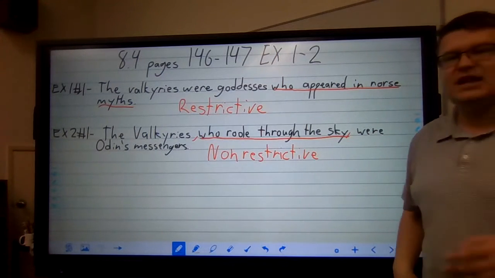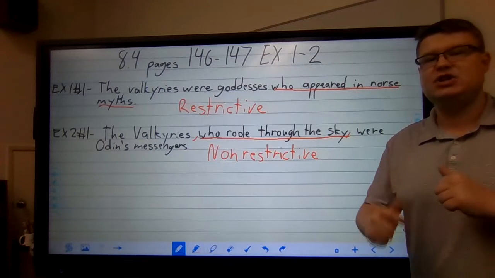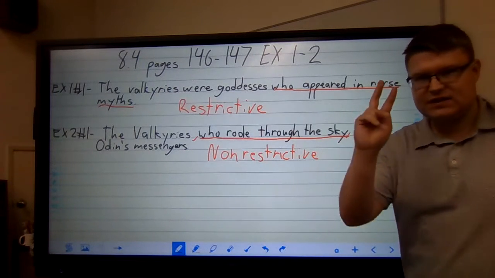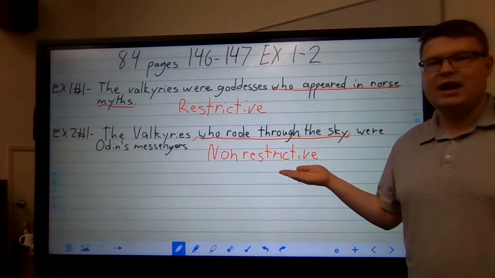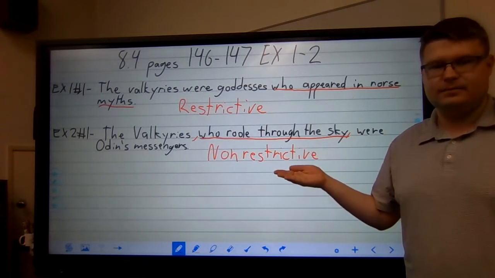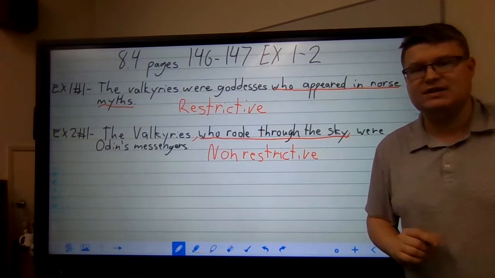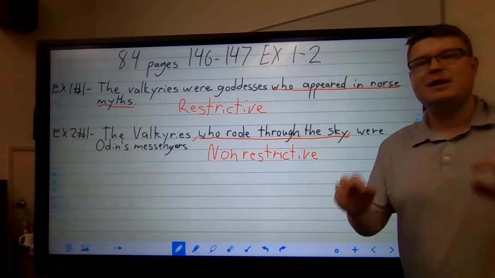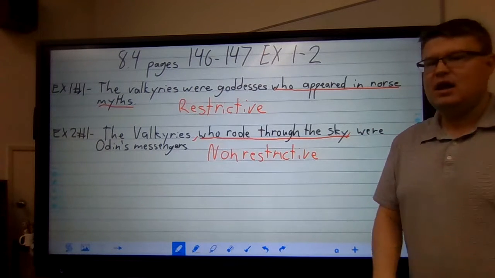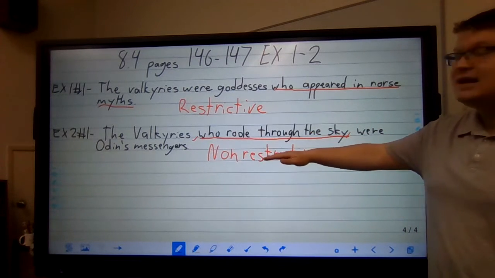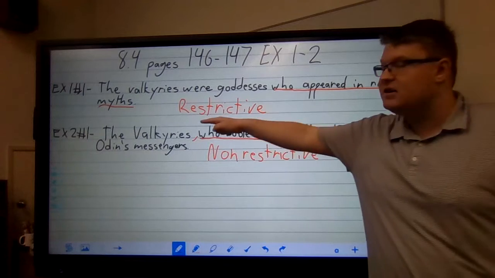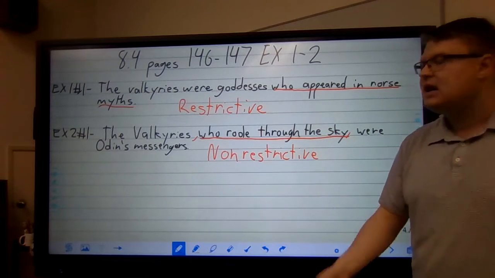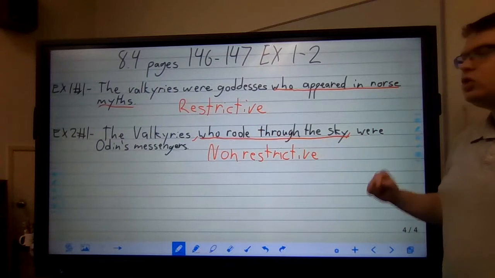That is the three steps you will need for exercise 2. First, write the clause. Second, tell me whether it is restrictive or non-restrictive. If the clause is restrictive, that's where you can stop. You do not need to rewrite the sentence because it is correct. If you do find that it is non-restrictive by seeing that there is a proper noun before the clause, rewrite the sentence, adding the two commas where they are needed.